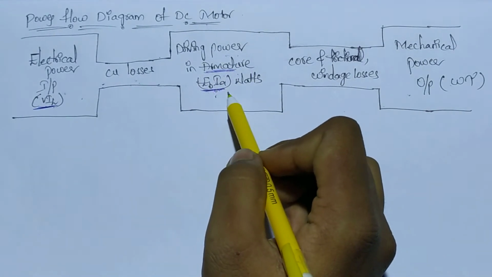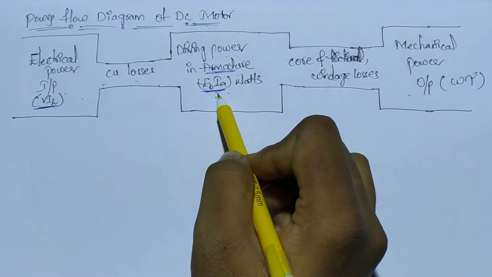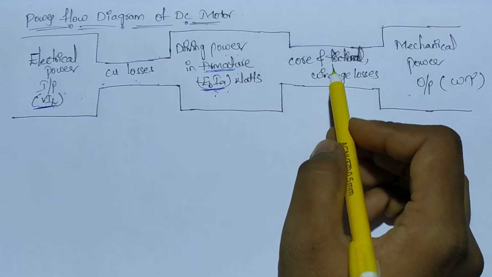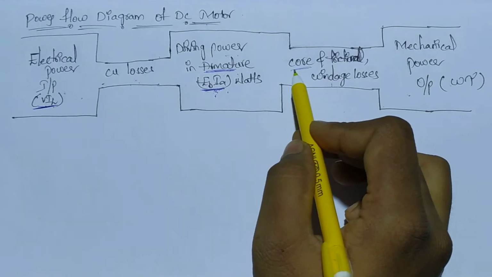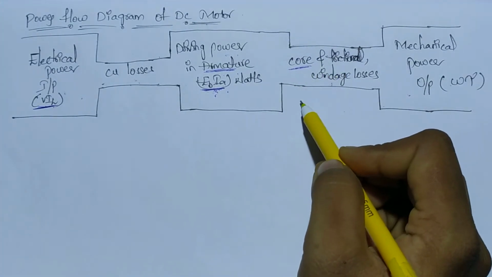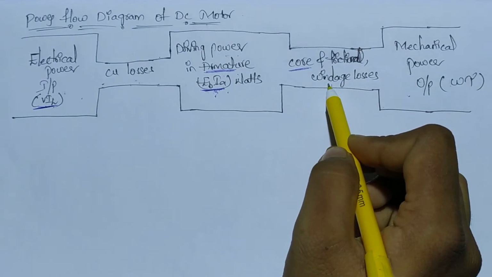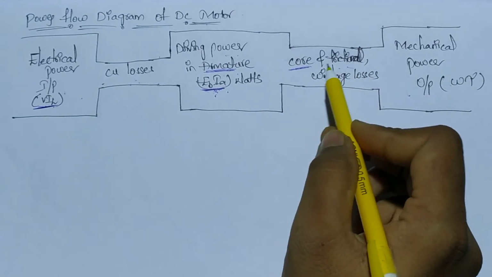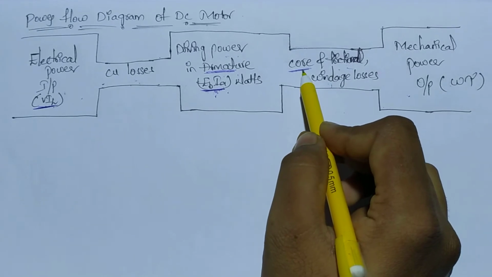In this mechanical power developed, we get frictional and windage losses, and with that we also get core loss, which means iron losses. Due to rotational parts, we get friction and windage, which means mechanical losses, and with that also the core loss, the constant losses.